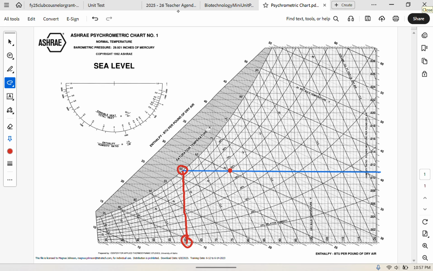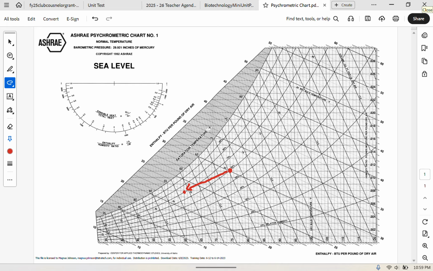When looking at translations on this chart from one point to another, say we had another point at 55, 60, approximately right there. If we moved from this original point to this second point, there's two forms of heat transfer.